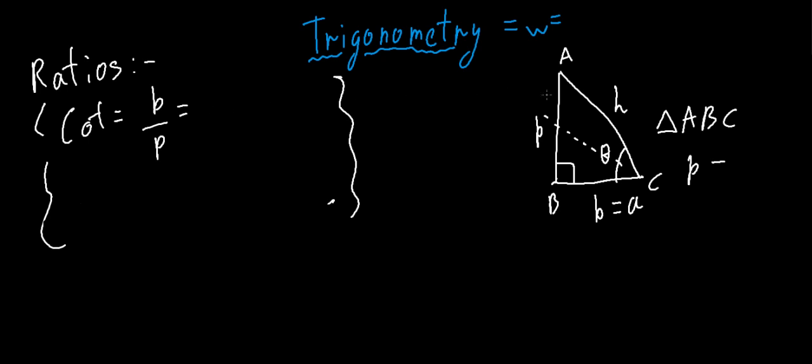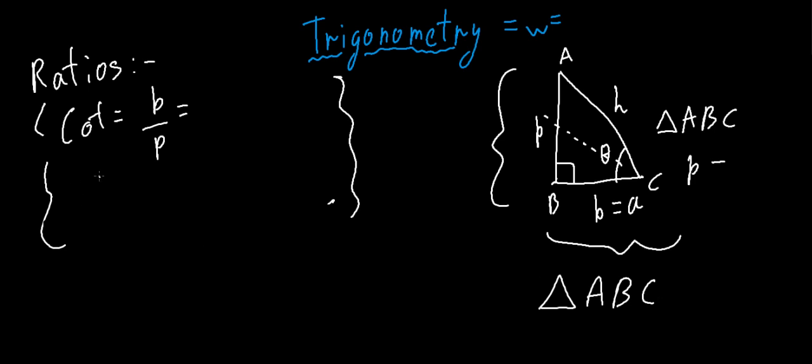Now I want you to tell me what is cot theta for triangle ABC. As it is given, it is base by perpendicular. So for this triangle ABC, cot theta will be BC by AB, as cot theta is equal to base by perpendicular.